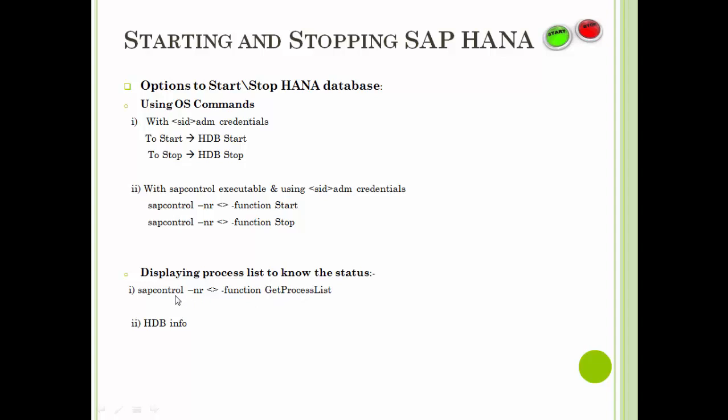So in a similar fashion to how we start and stop, we use SAPControl -nr, give the instance number, then -function, issue GetProcessList. And when it comes to the HDB program, it is HDB info. Again for this, we have to log in with SID ADM credentials. Only then can we check the status of the HANA database.